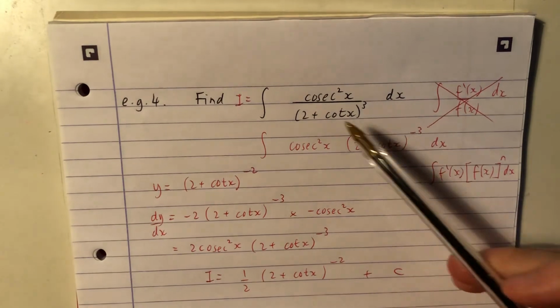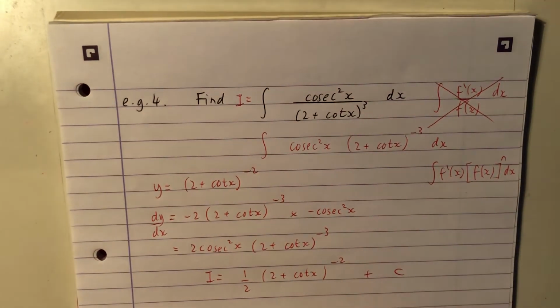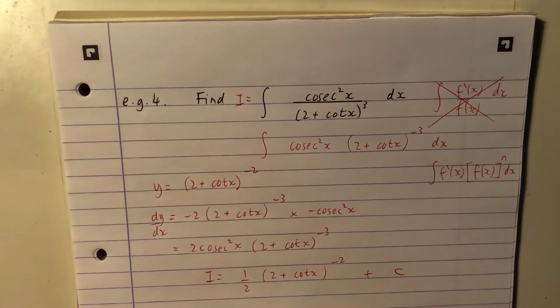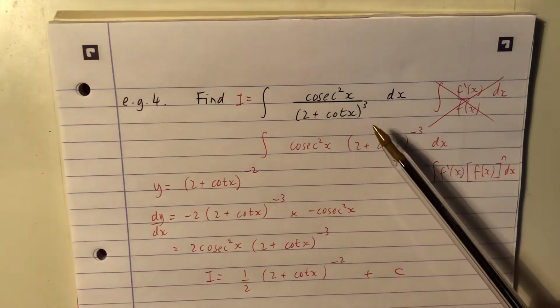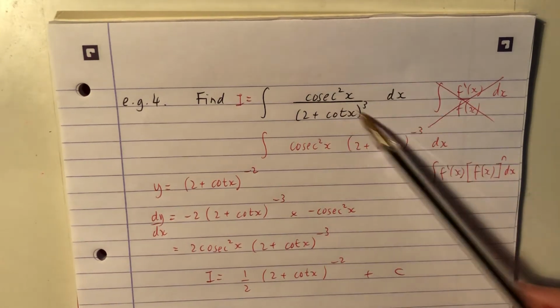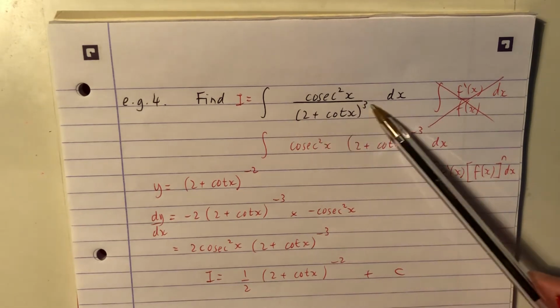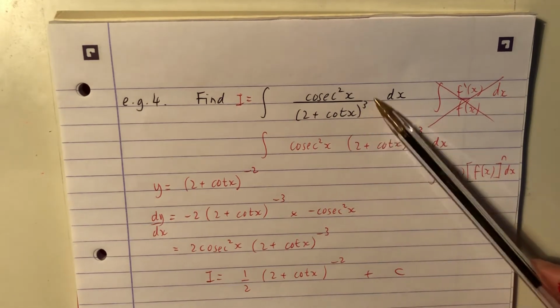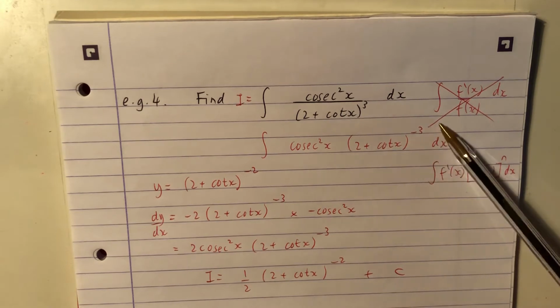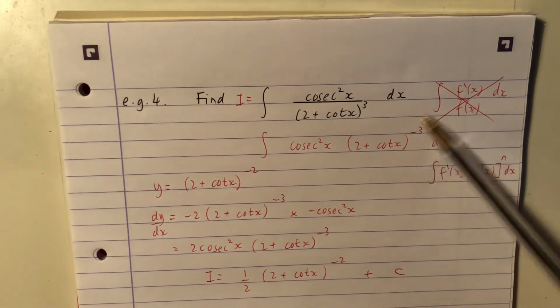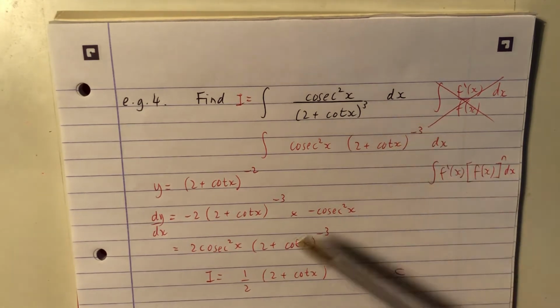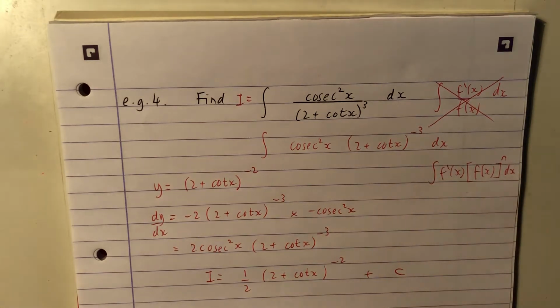So fractions, normally 95% of the time, would be the ln one, this pattern. But if you've got a bracket to a power and the power is not 1, then it's actually the negative reciprocal stuff, negative power, and then the other rule.